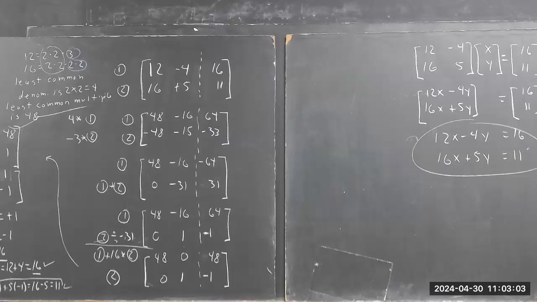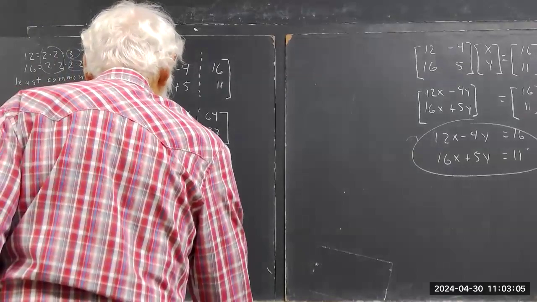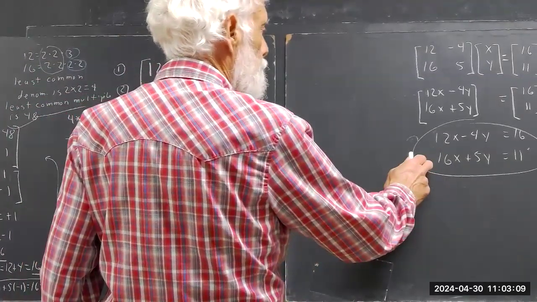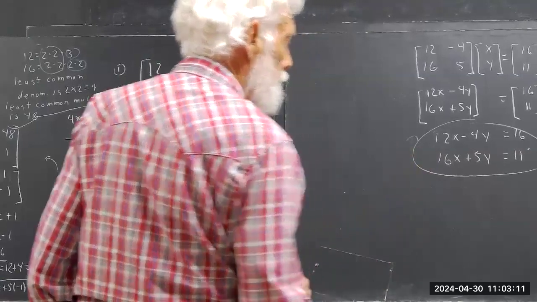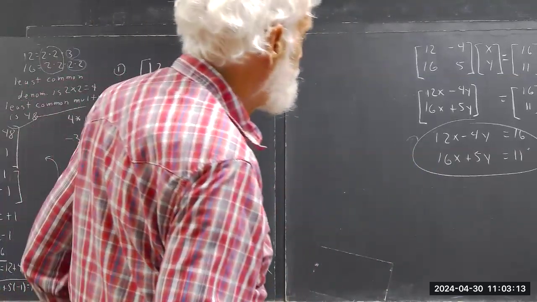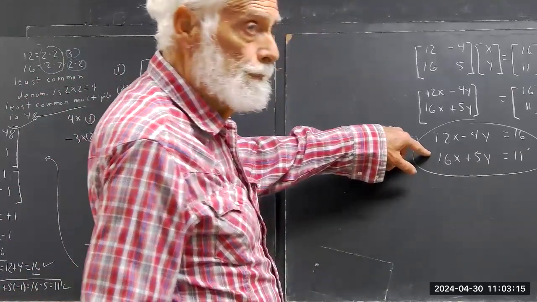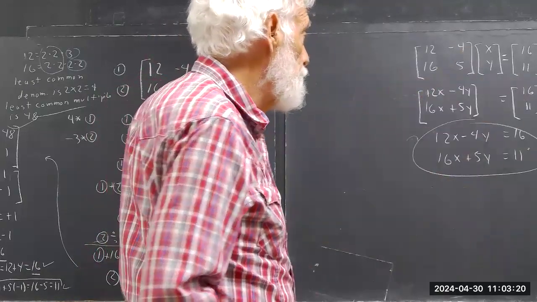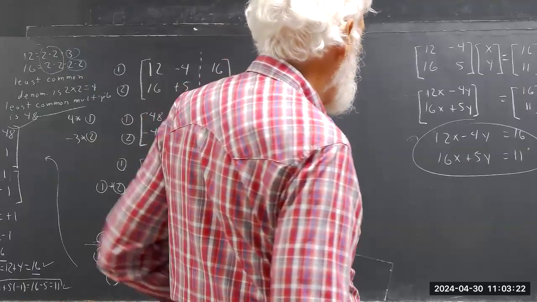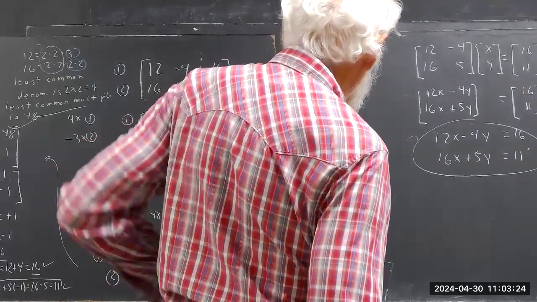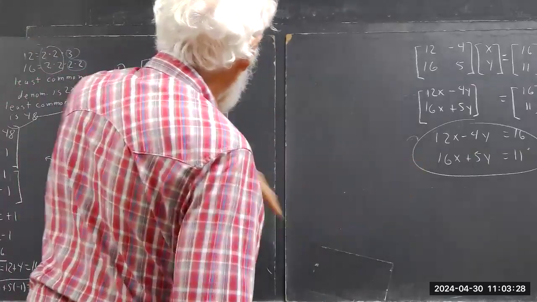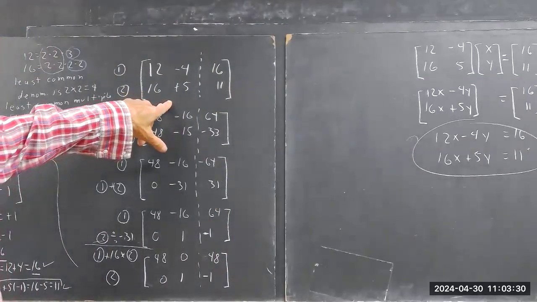Okay, in the support class, we started with this system. Now, this system can be written with brackets if we wish, and in different ways, but the first thing we do is write the system as an augmented matrix.